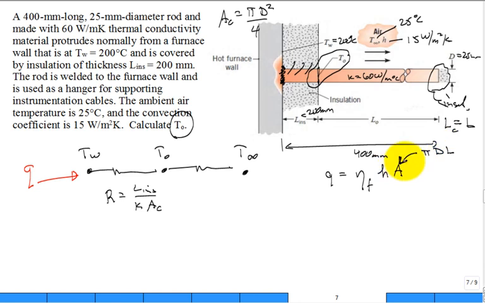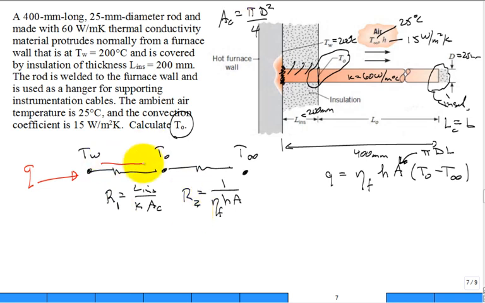That's my convection area, times T0 minus T infinity. Does this equation look good? We can rewrite that equation and say that looks just like a resistance. That resistance is 1 over hA with the fin efficiency. You see that? It's just 1 over hA with the fin efficiency. Because I'm going to talk about the resistance 1 and the resistance 2.